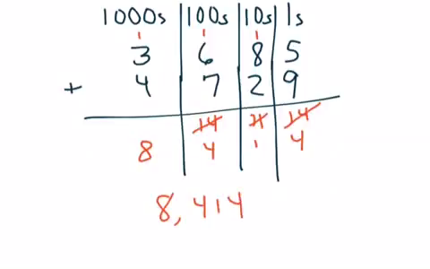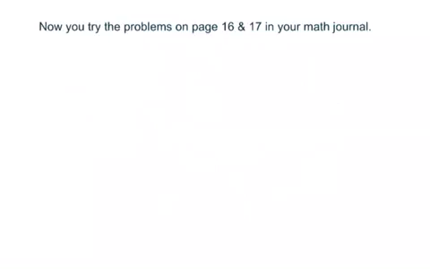customary method for addition. So you're going to go on now and try the problems on page 16 and 17 in your math journal using the U.S. customary method. Once you get done with page 16, you're going to check your answers, which are on the screen or the slide after this one, to be sure that you're going about it in the right method.